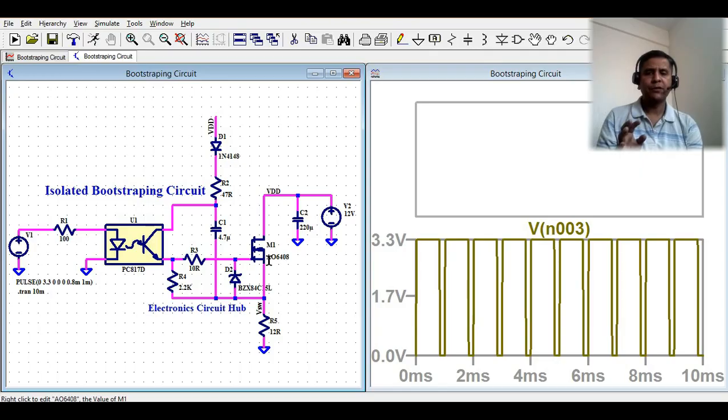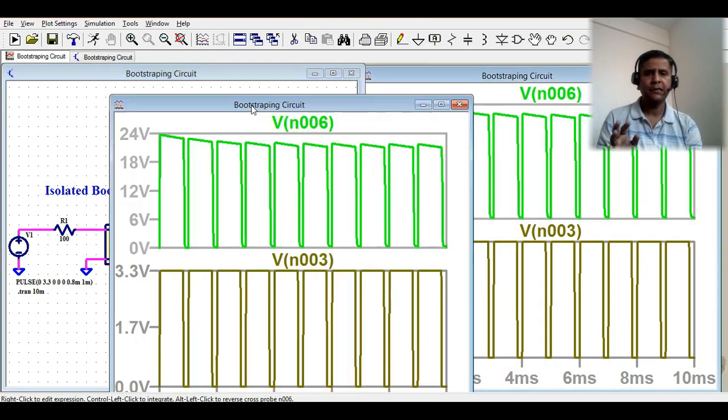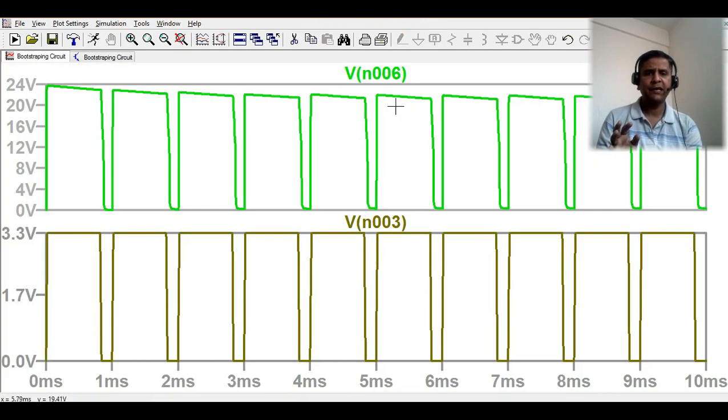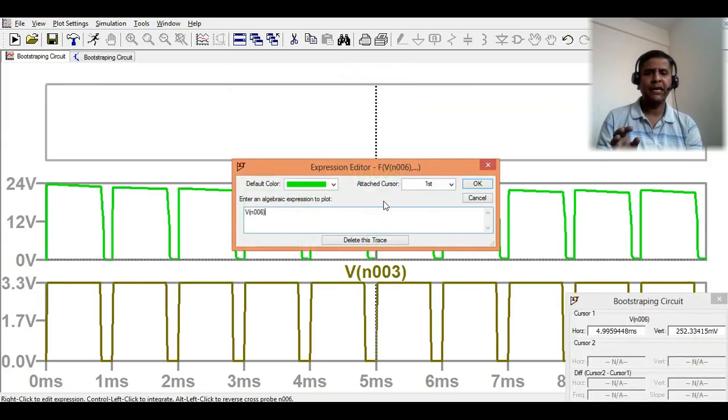Now if you look at the signal from MOSFET gate to ground, I'm getting 0 to 24 volt. MOSFET gate to ground is 24 volt.